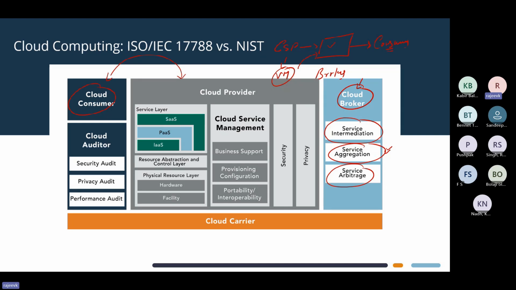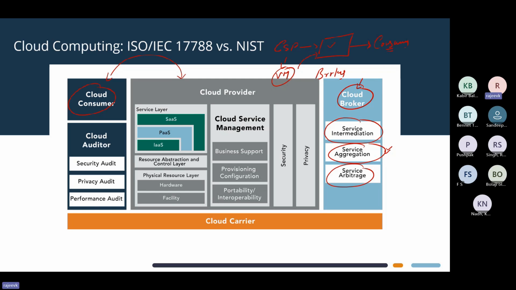Routers, switches, everything, you're not purchasing from HP only. You purchase different products based on their capability from different vendors, like Cisco, one of the giants in networking. So we are combining multiple capabilities from different vendors and delivering them to the consumer as per their requirement. That is basically called cloud service arbitrage.